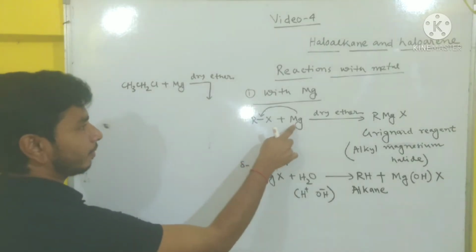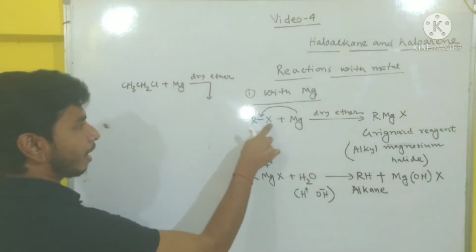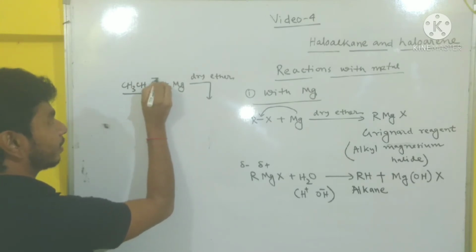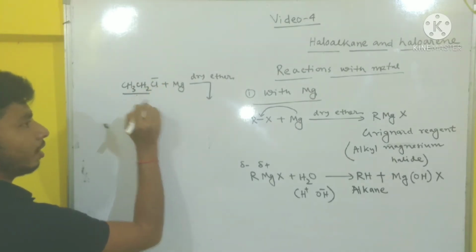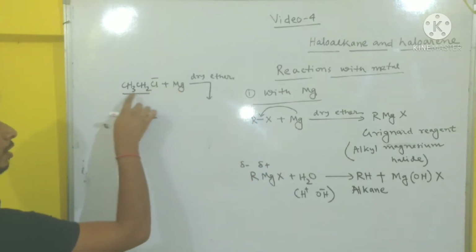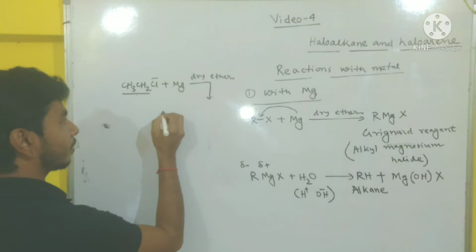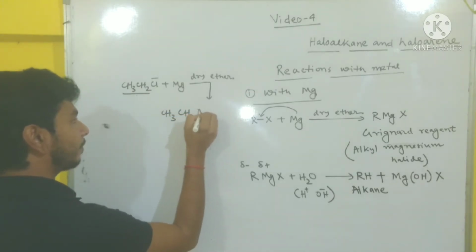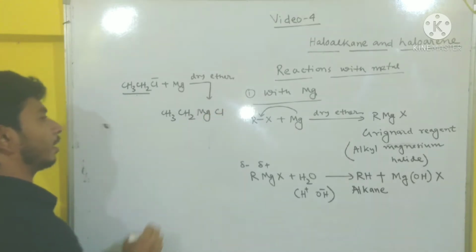The magnesium goes between R and X. So this is R and it is X. So here also magnesium will be inserted between R and X. The product will be CH3CH2MgCl.